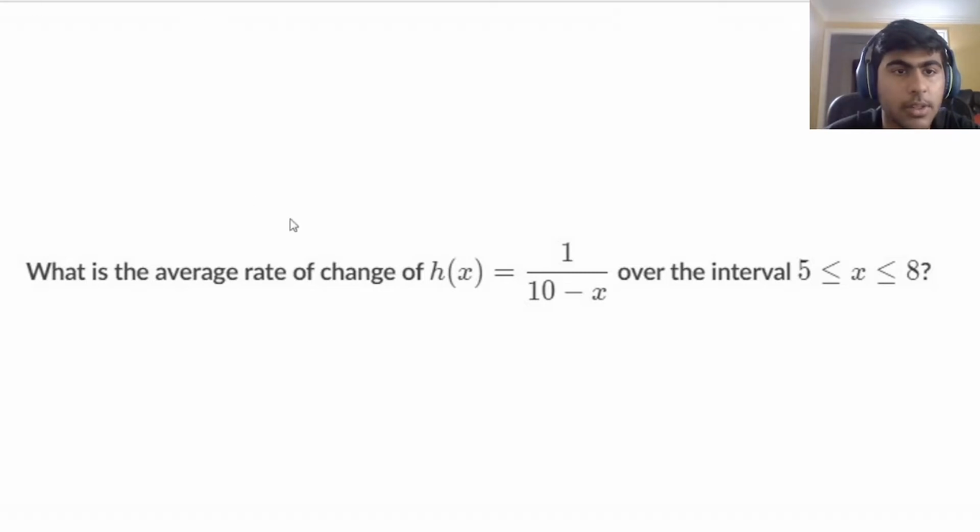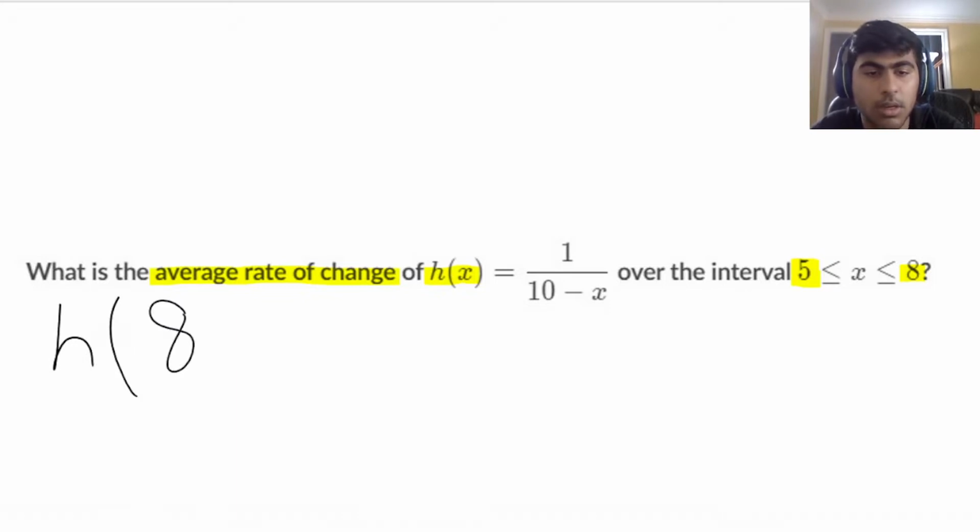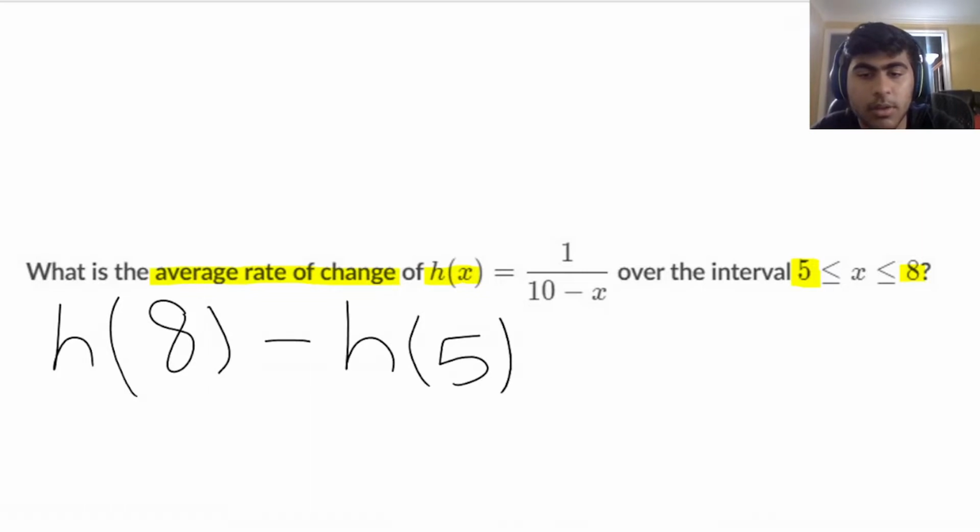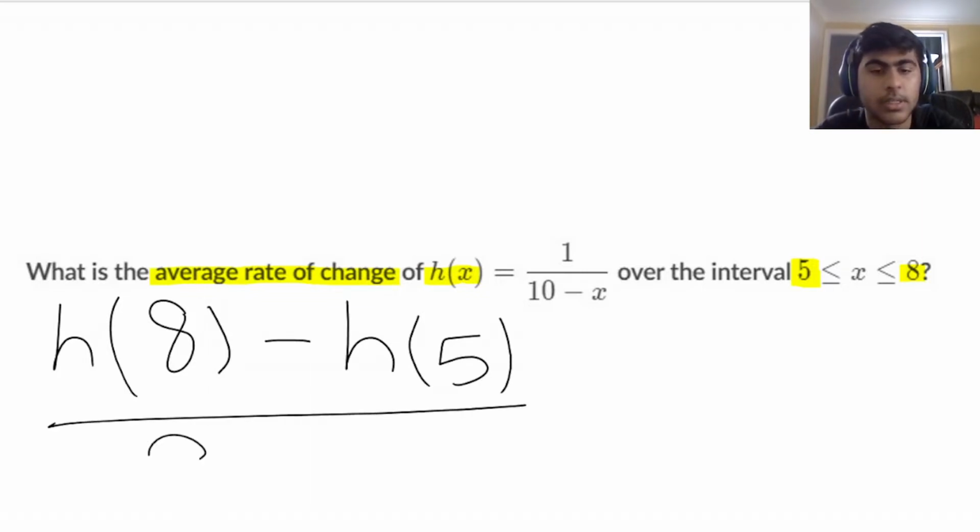We're asked for another average rate of change of this function h of x from 5, that's our first x-coordinate, to 8, our end or second x-coordinate. And we can use the difference quotient again here, right? So we can say h of 8 minus h of 5 over 8 minus 5, right?